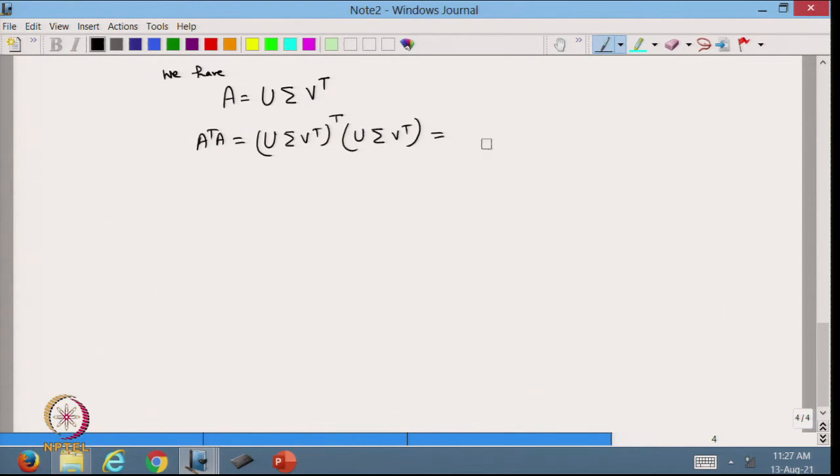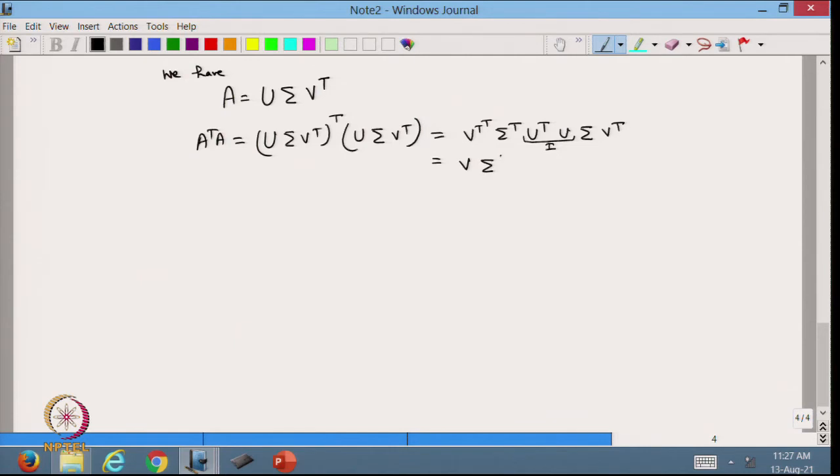I am applying the properties of the transpose. So, it will be V transpose transpose, sigma transpose, U transpose, and U sigma V transpose. Now, this U is an orthogonal matrix, so U transpose U will be I.